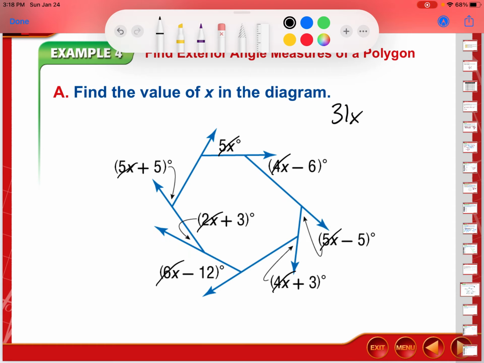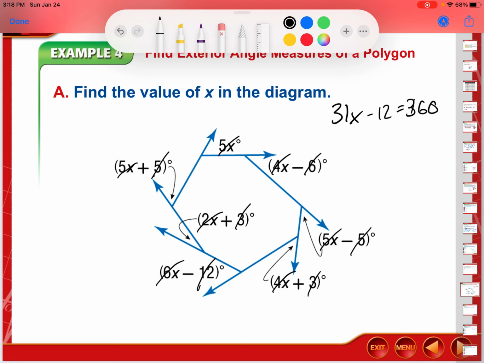Now I'm going to go around and add up my constants. So 5 plus 3, 8, negative 4, negative 1, negative 6, negative 12. So minus 12 equals 360. All right. Now we need to solve this.